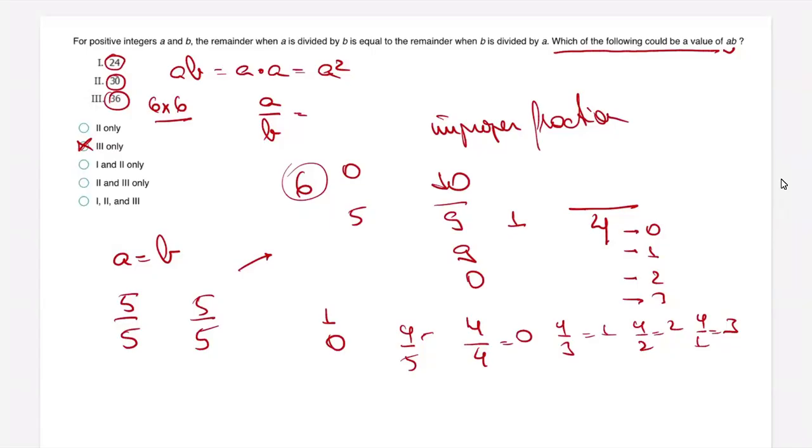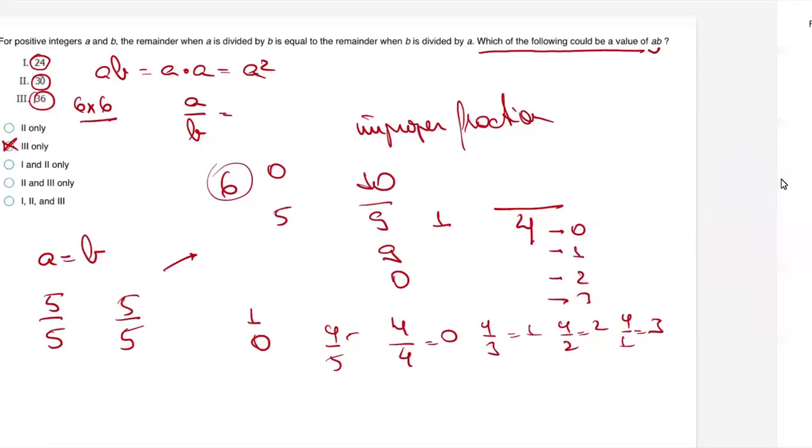And in your material, there are these two explanations. If the numerator, as you said, is lower than the denominator, the remainder is the numerator. If the denominator is bigger than the numerator, the remainder is from 0 to 1 less than the denominator.